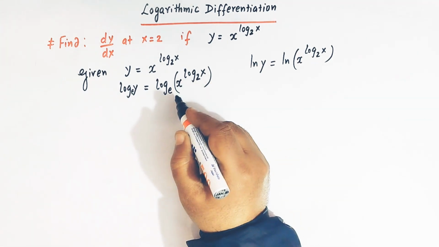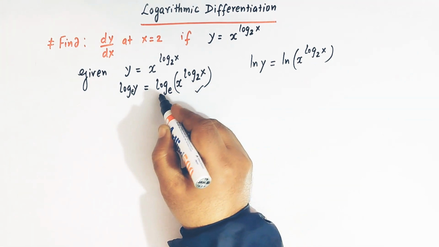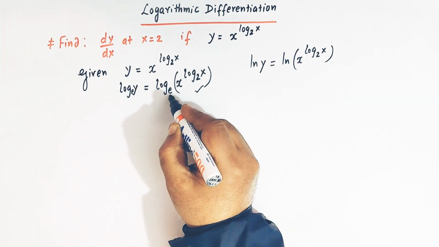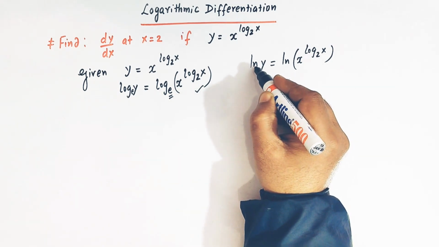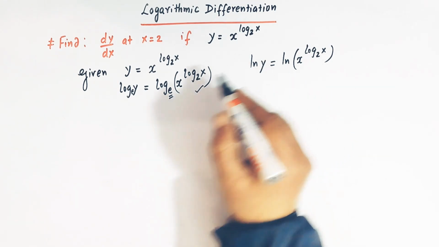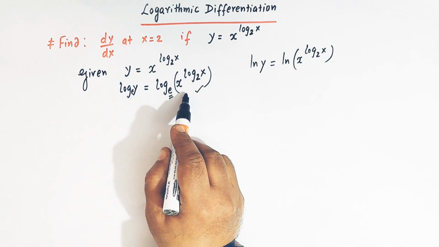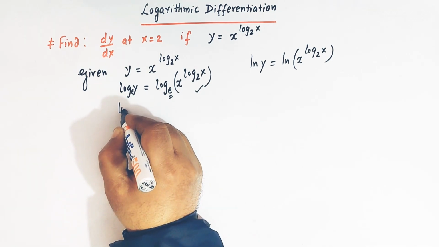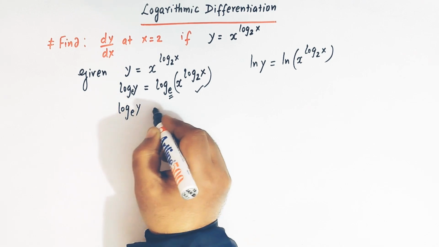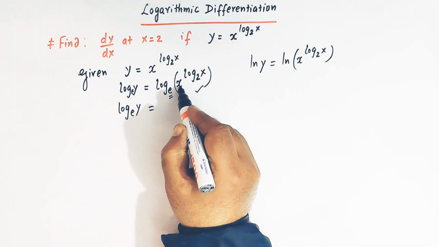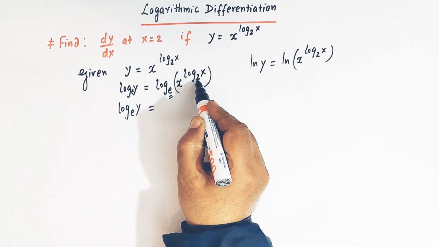Either we can use the notation log with base e, or we can simply write ln. In this problem, I will prefer this notation. So now we have log of y to the base e, and here we have x raised to log of x to the base 2.